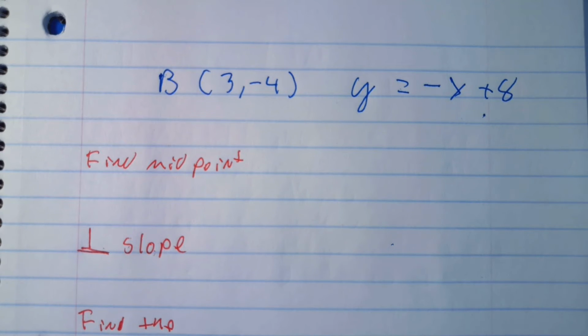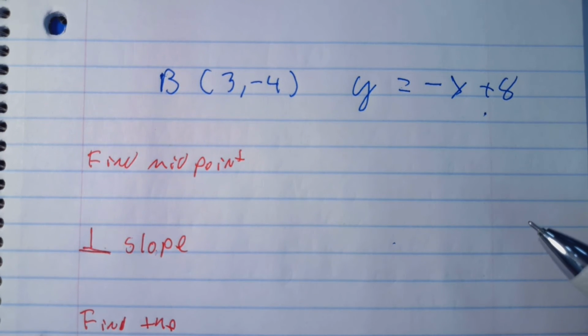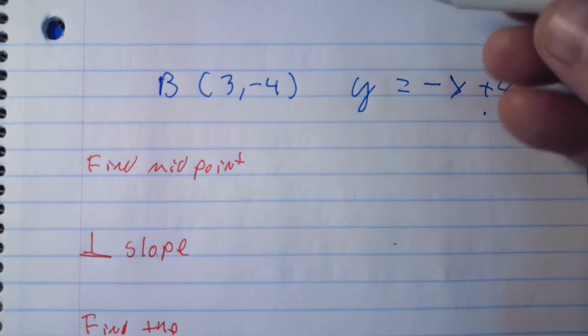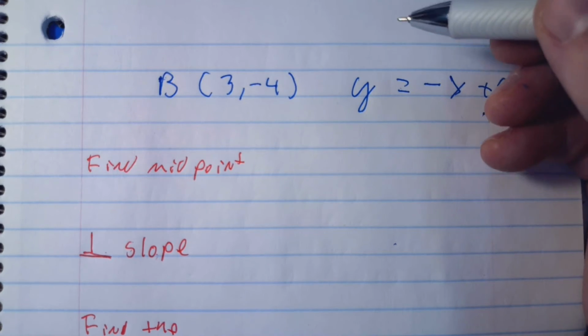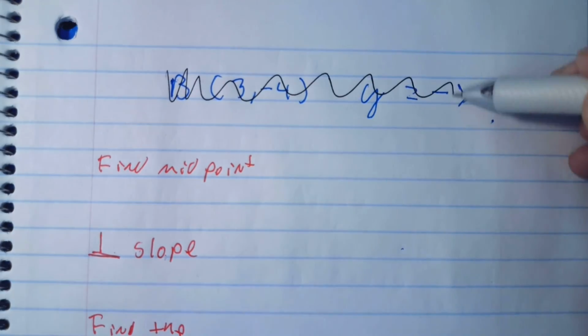I don't know if this example works. I think I left off some very, very important information to find the midpoint. I think this one is just a standard problem. Let me see what I did wrong in the asking of the question. Oh, I see what I did wrong. I gave you the wrong information.